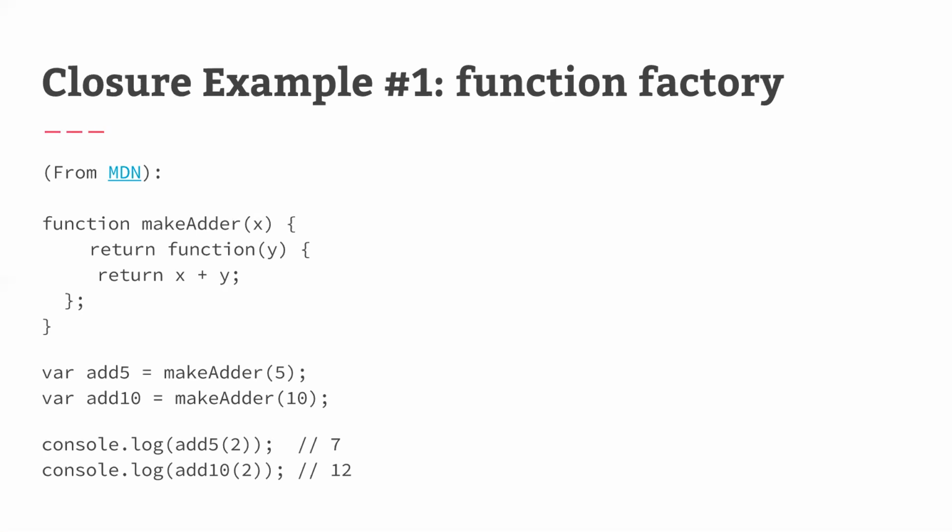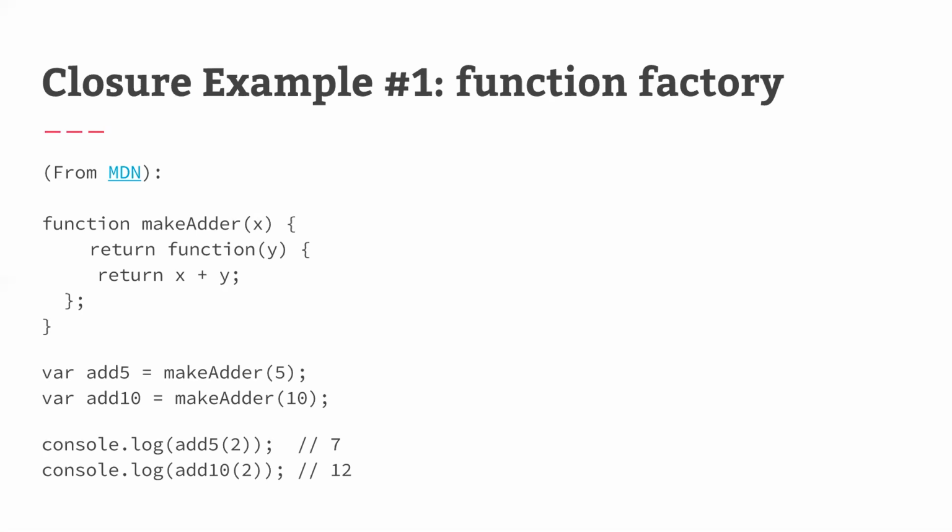If I do makeAdder of 5, x is going to be 5, and so the function it's going to return is going to be 5 plus y. I have here a little factory that makes these adder functions.